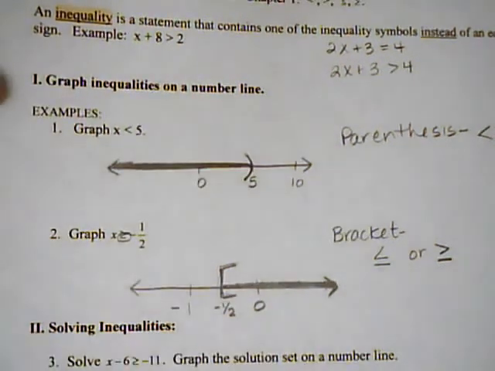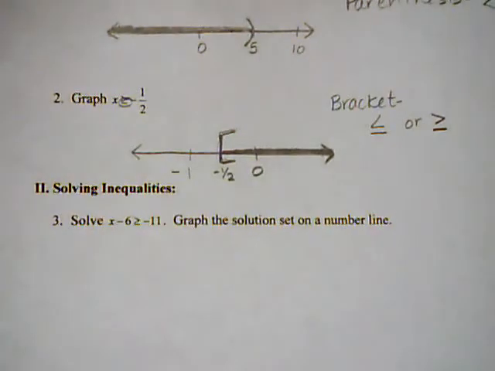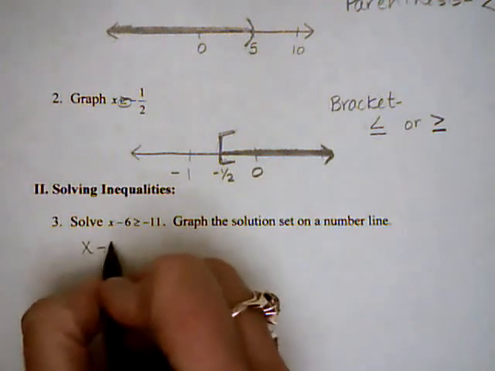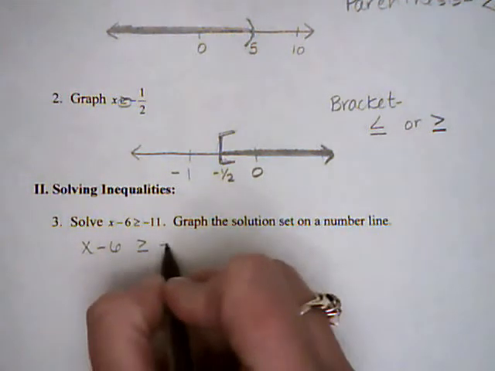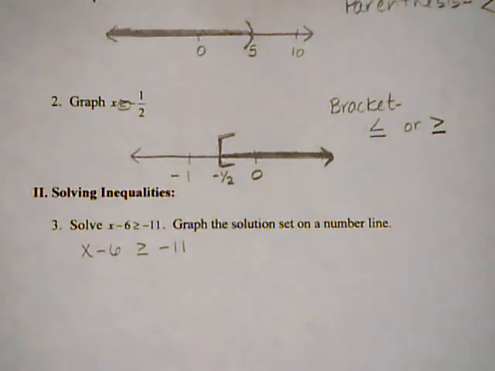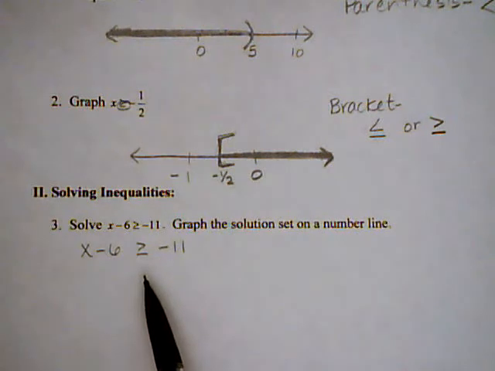So let's look at number 3. It gives you an inequality: x minus 6 is greater than or equal to negative 11. It says to graph the solution set on a number line. Well, we've got to solve it. Treat this exactly like it's an equal sign.